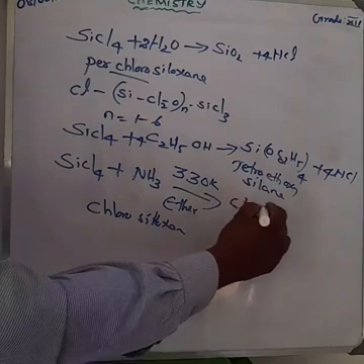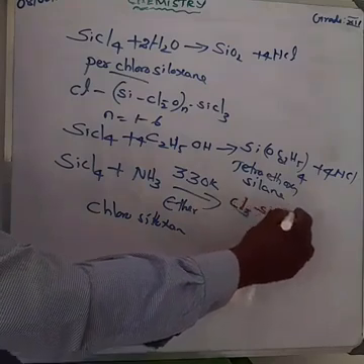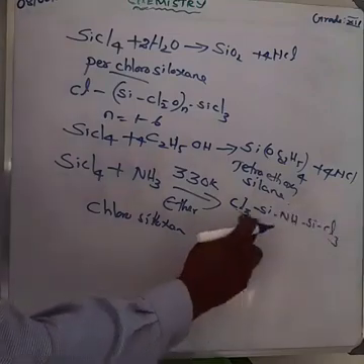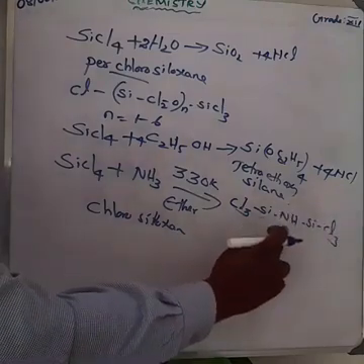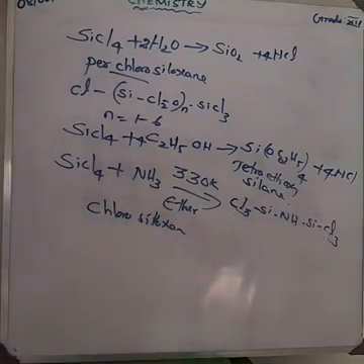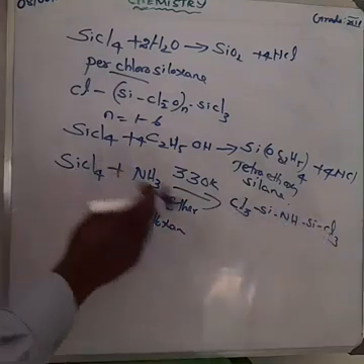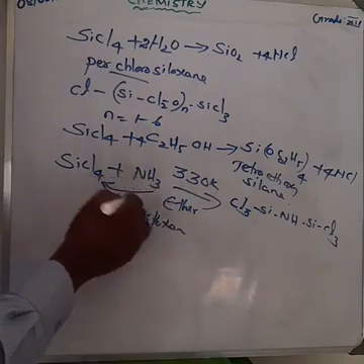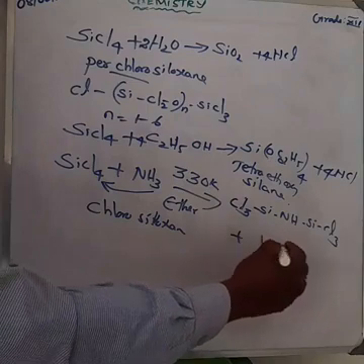Cl3SiNHSiCl3. That means chlorosiloxane, and hydrogen combines with the chlorine, we get hydrochloric acid.